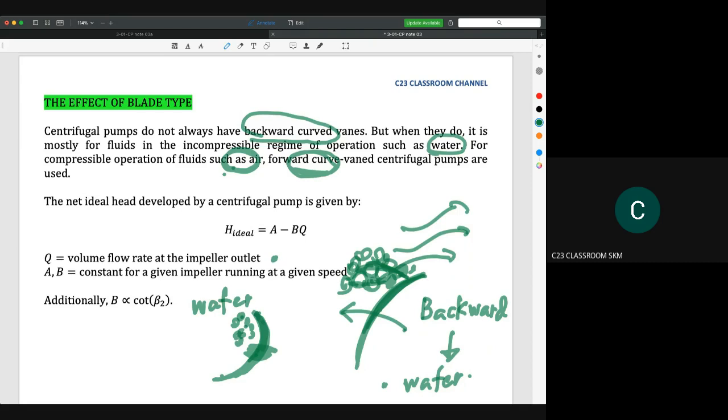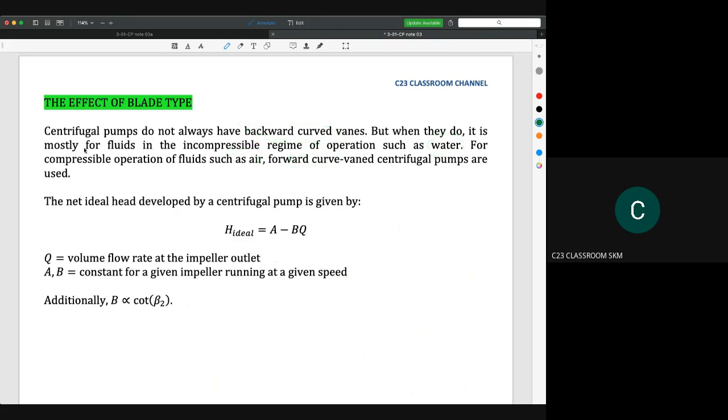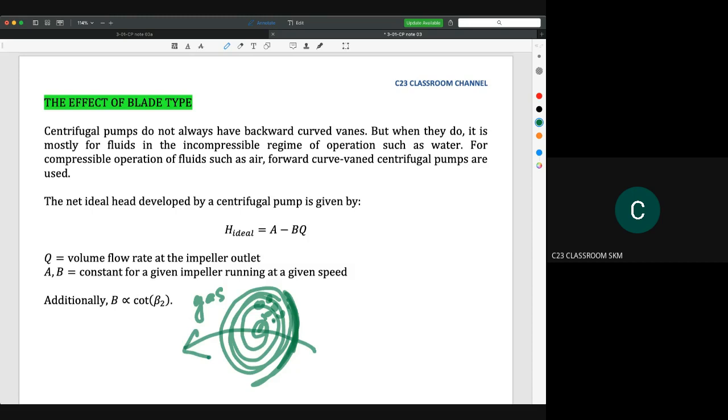So we normally use backward blades for liquid, and we use forward blades like this one for gas. Why? Because for gas, this blade catches all the gas here and pushes it along with the rotational speed.